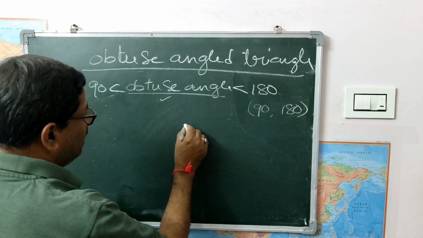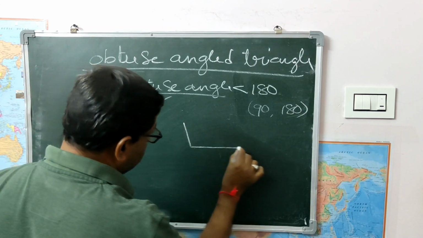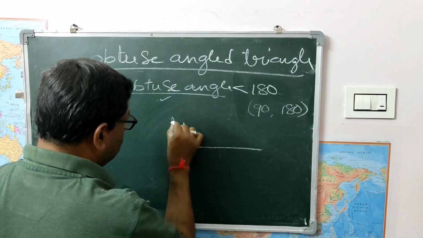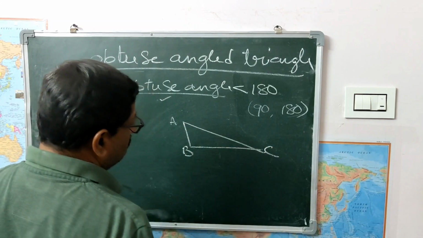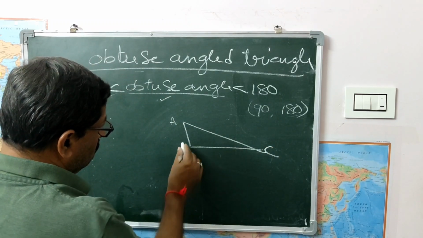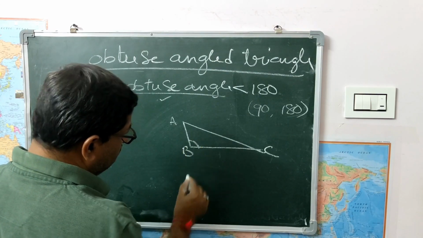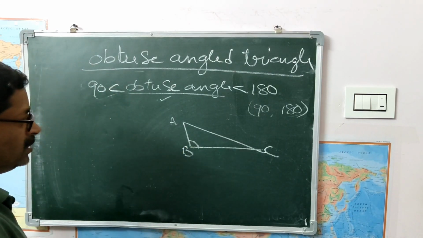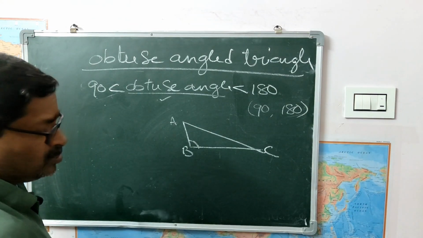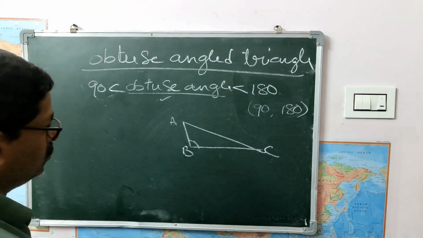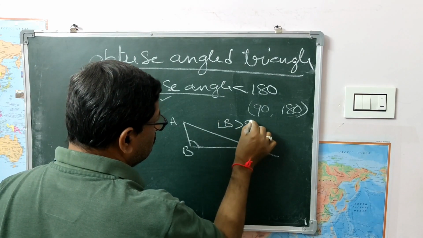If a triangle contains one obtuse angle, for example, if you see A, B, C, we are in the obtuse angled triangle. Here you see this angle is greater than 90 degrees. Clearly we understand that it is greater than 90 degrees according to the appearance of the picture. So angle B is greater than 90 degrees.